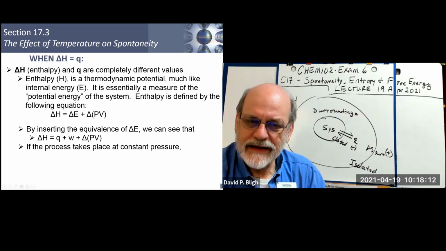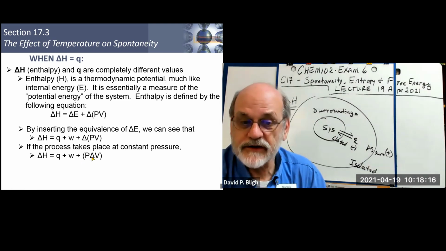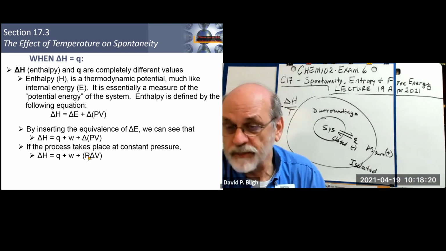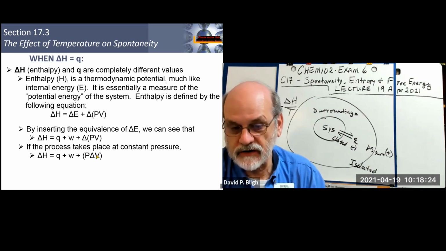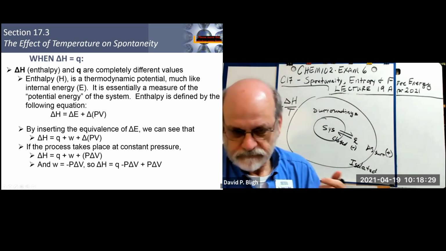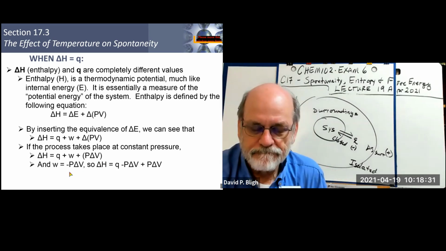Now, what if the process takes place at constant pressure? Then we get this expression. We pull the P out of that change. So out here, P doesn't change, but in here, the volume can change. All right, one more step.